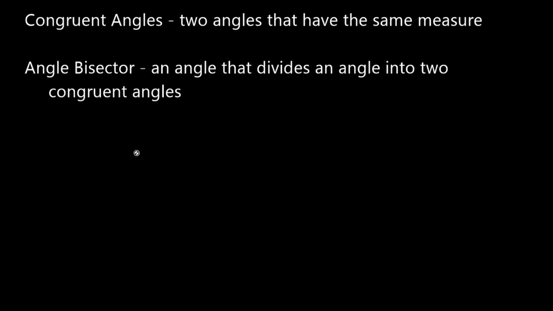So if I want to talk about angle A and angle B, and say that the measures of them are equal, I can say that the measure of angle A is equal to the measure of angle B. I could also say, since their measures are equal, that angle A is congruent to angle B.